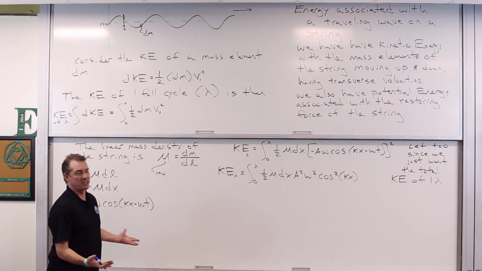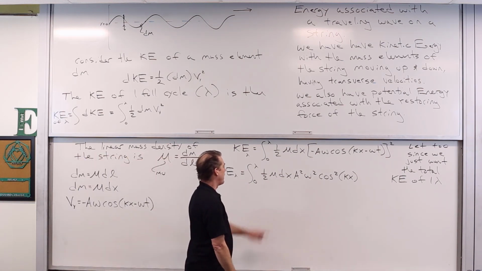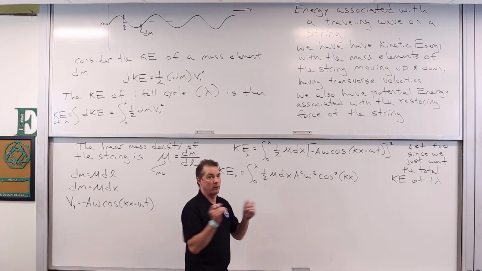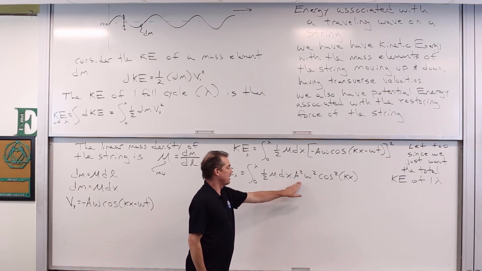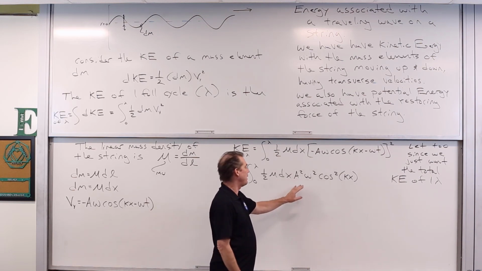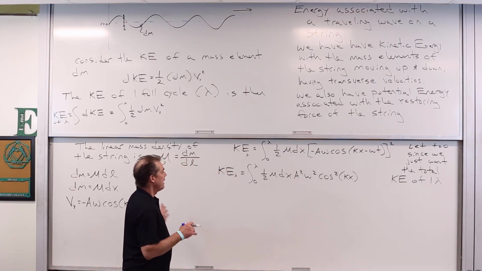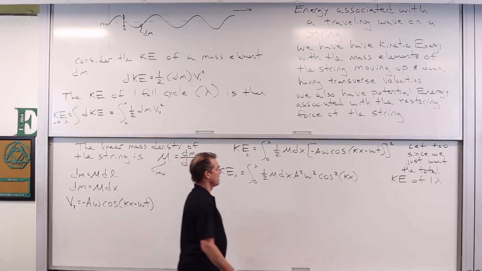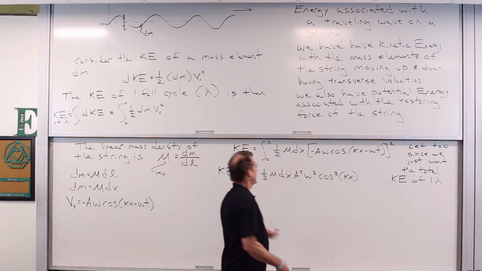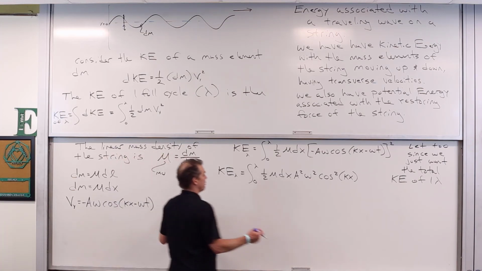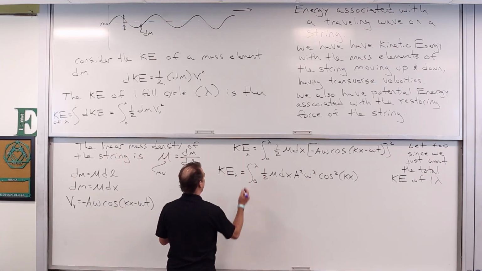So there's a bunch of constants in here, right? We've got a factor of 1/2. Mu's a constant, it has a uniform linear mass density. A is a constant, the amplitude of the oscillations of the wave. Omega is a constant, the angular frequency of the wave. And the only thing that's not constant is x, which is what we're integrating over so that we can add up all the kinetic energies over that full wavelength.